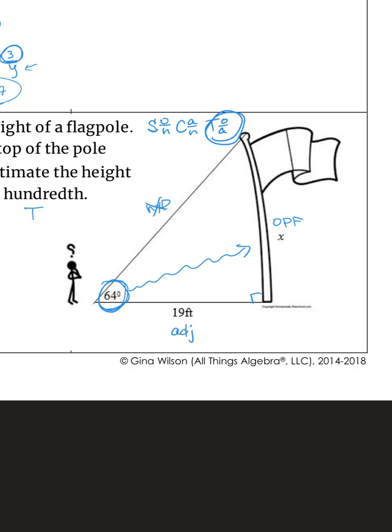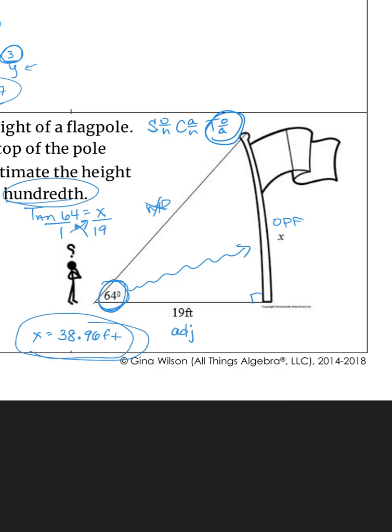So we're going to have tan 64 equals opposite over adjacent. Letters on top, so all we have to do is multiply. So 19 times tan 64 is going to give you 38.96 feet. It did say round to the hundredths, so we had to have 2 decimal places. So that would be my answer.